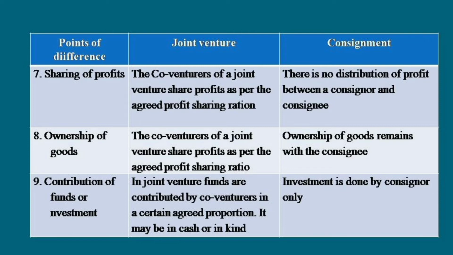With regard to contribution of funds or investments, in a joint venture, funds are contributed by the co-venturers in a certain agreed proportion. It may be in cash or in kind, whereas in consignment, investment is made by the consignor only.